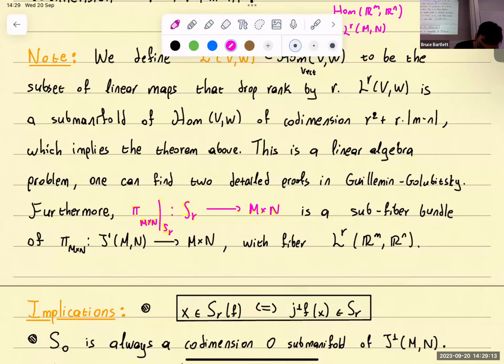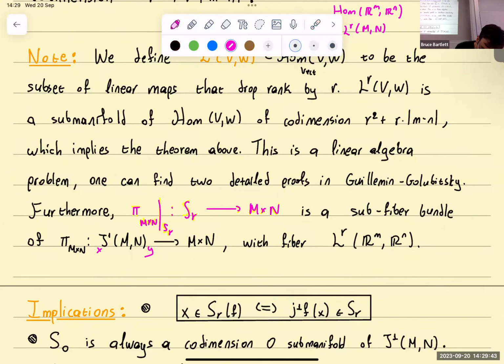But the way you get that is, remember what this thing was. So this thing is basically M cross N. Well, actually, sorry, let me just say, what is the fiber? If x is a point in M and y is a point in N, what is the fiber over x and y?